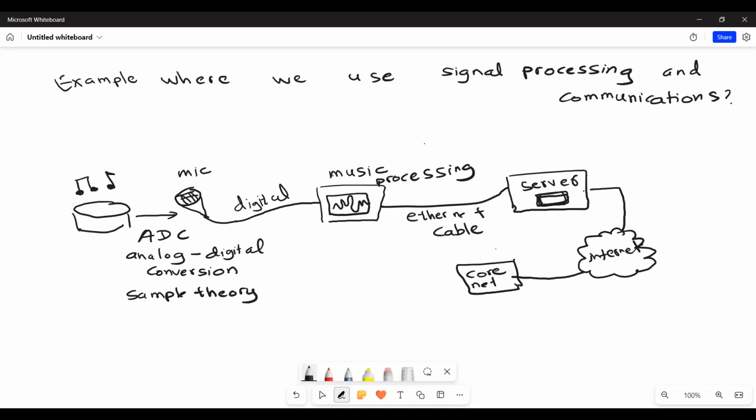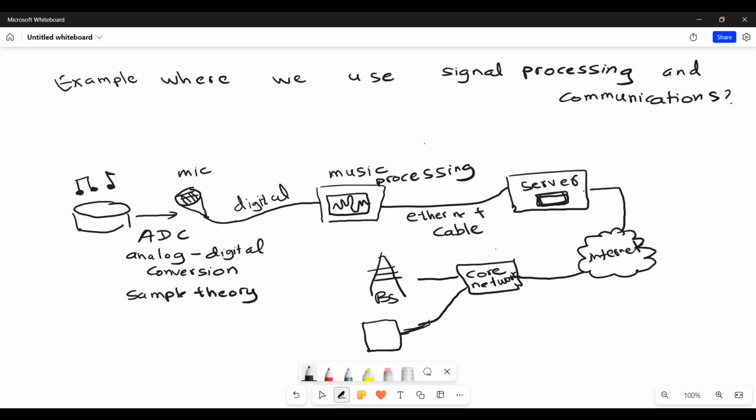The core network will forward that to either base stations, or via fiber cables to the optical fiber network. Then the optical fiber network will distribute that data to homes, right?